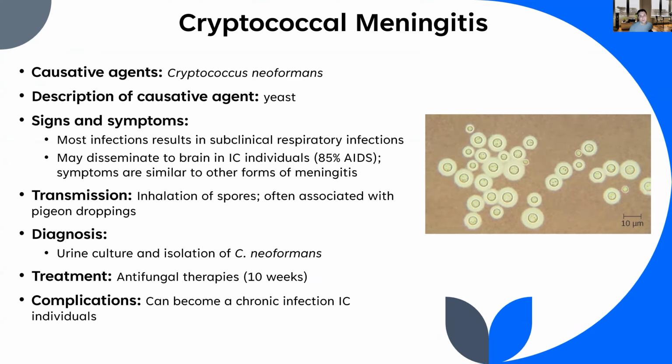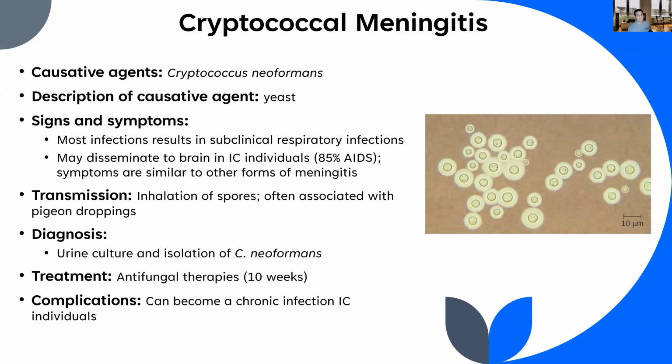However, in immunocompromised individuals, it may disseminate to the brain, and signs and symptoms are going to be similar to other forms of meningitis: the photophobia, the nuchal rigidity, all that kind of stuff. This happens in about 85% of cases where people are exposed to this and have AIDS. Transmission is inhalation of the spores.